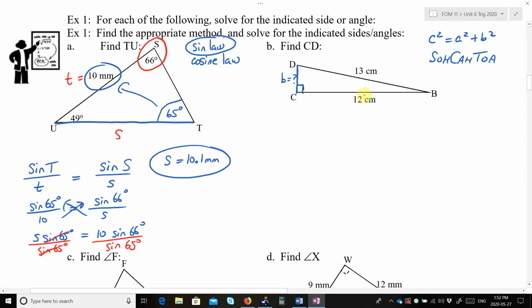And when you have two of the three sides, that's classic Pythagoras we could use. Across from the 90 degrees is the c, and this one we can label a. And just go a squared plus b squared equals c squared.